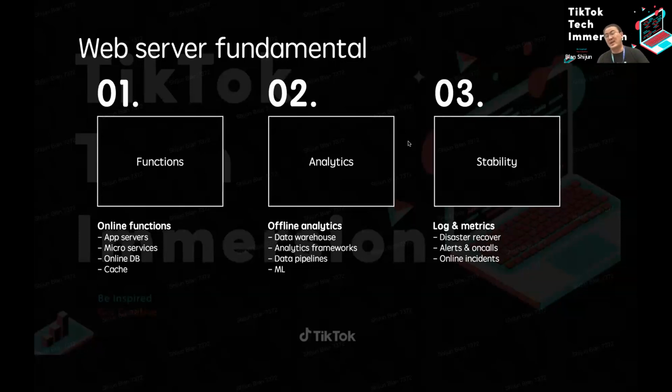The third part is stability. We have 1 billion users, right? If we go down for 1 hour, you will immediately see it on the news: in tonight's news, TikTok went down for 1 or 2 hours. You will Google it and find TikTok is down. So it's very important that you make the system stable, even if it's only partially down.